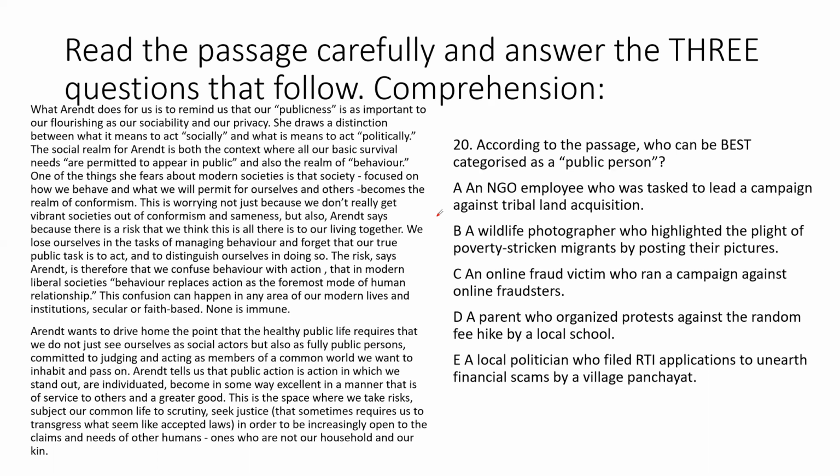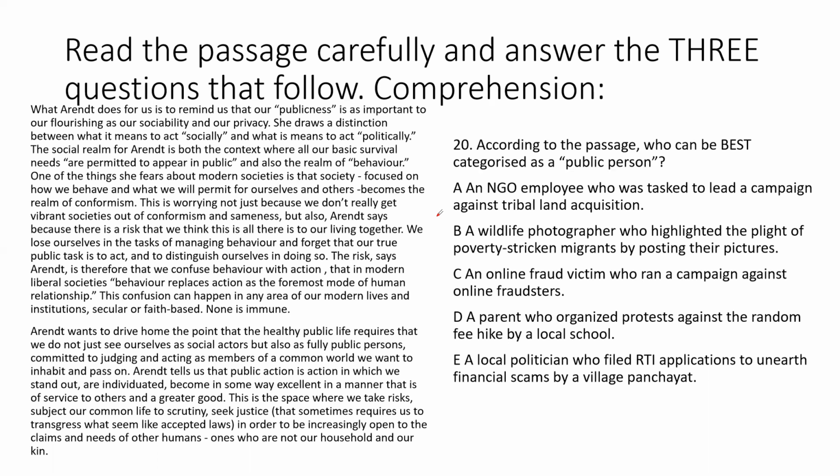She wants to drive home the point that a healthy public life requires we do not just see ourselves as social actors, but also as fully public persons, committing to judging and acting as members of a common world we want to inhabit and pass on. Arendt tells us that public action is action in which we stand out, are individuated, become in some way excellent in a manner that is of service to others and a greater good.